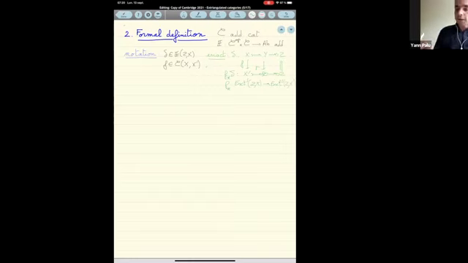Okay, and let's compare to the triangulated case. There, delta is a morphism from Z to sigma of X, the shift of X. And these morphisms can be completed to a triangle. Now F is a morphism from X to some X prime.